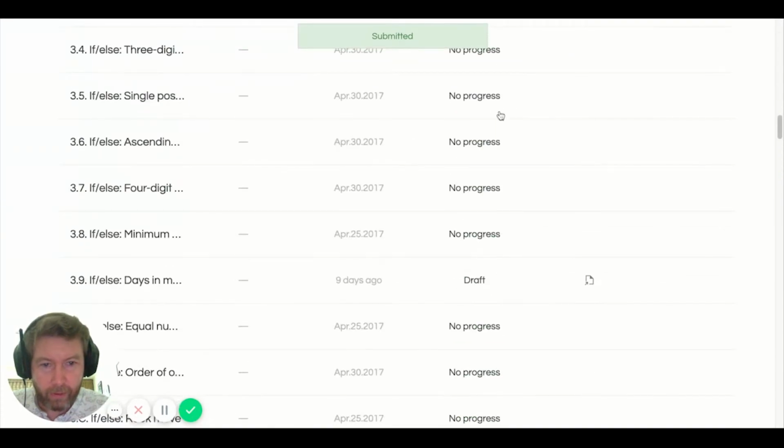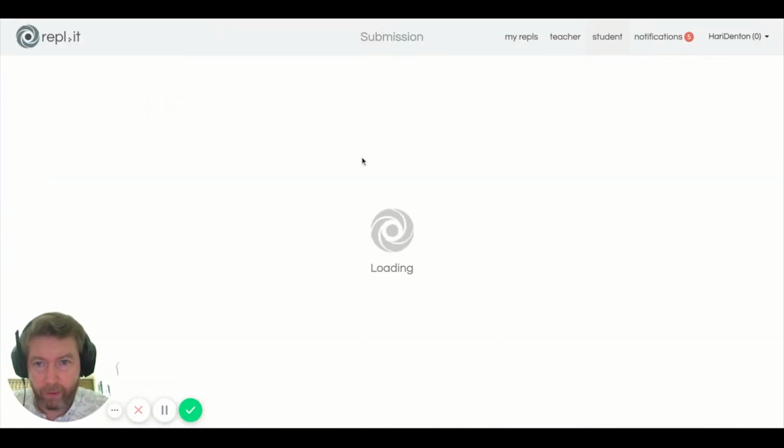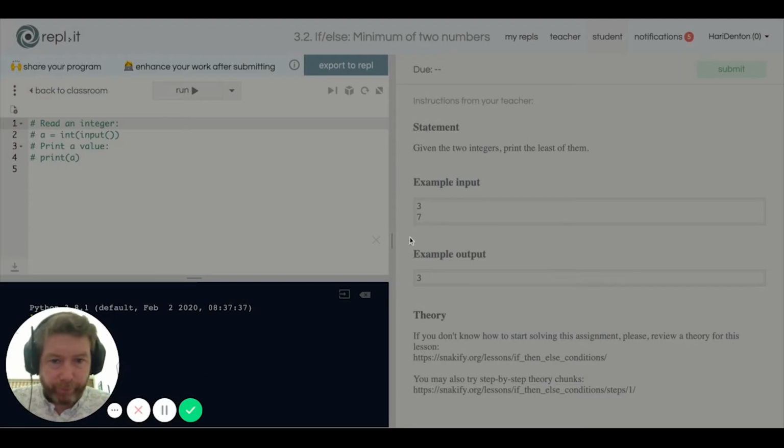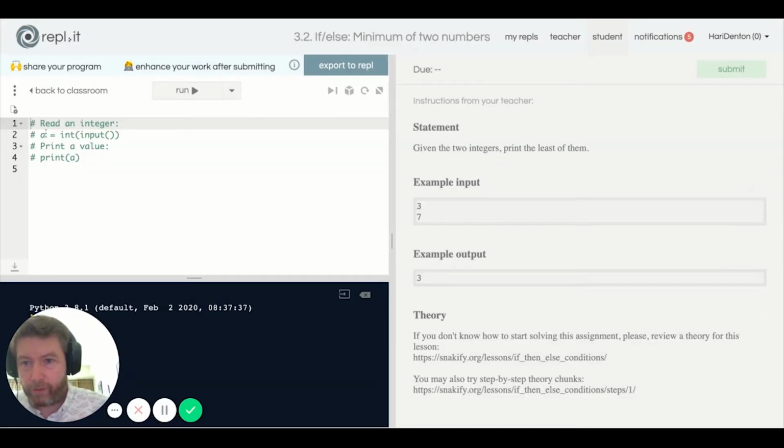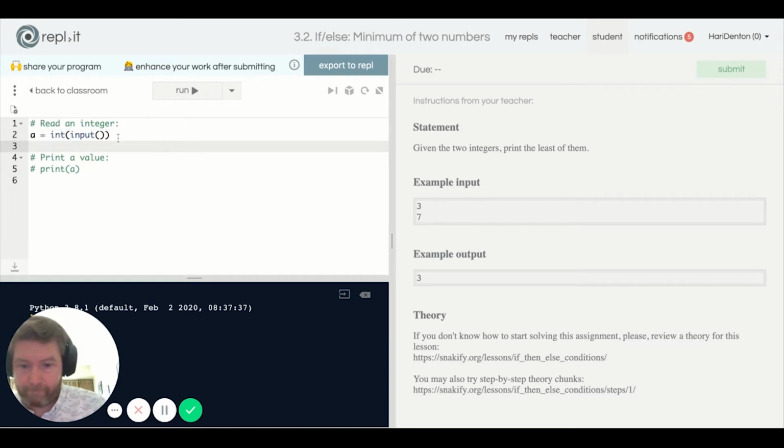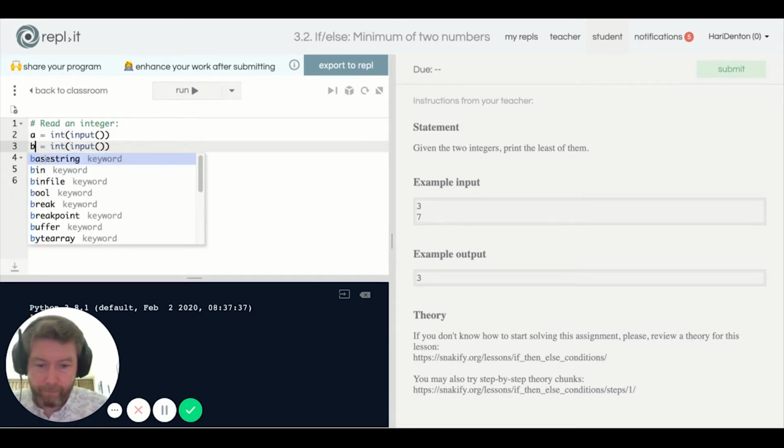Oh, man. Scrolling down. Boom. Given 2 integers, print the least of them. Okay, so we need 2 integers. We're going to print the smallest. So A and B, whichever one's smallest, we're going to print, right?